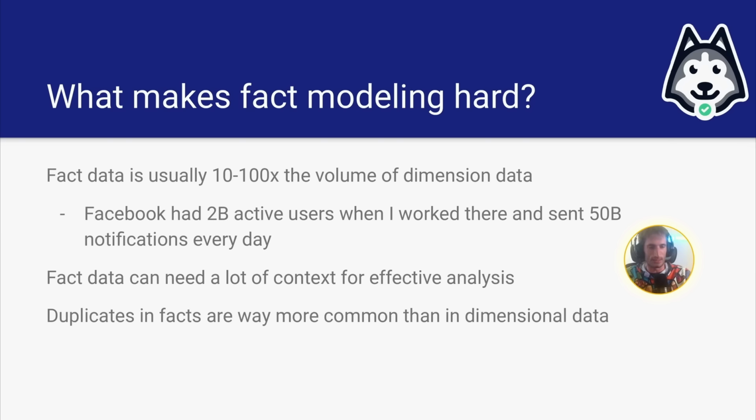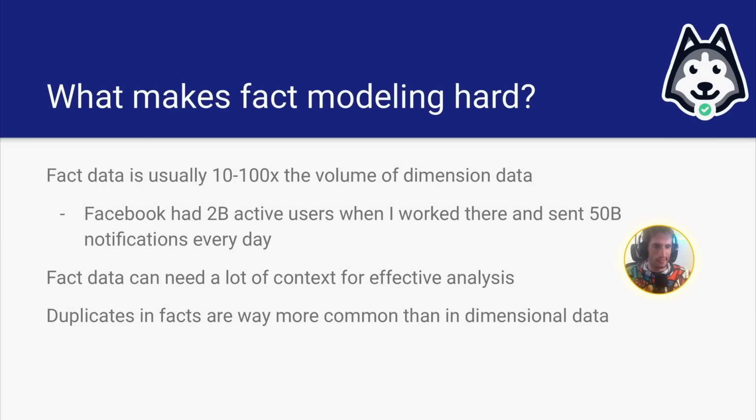Instead of having one row of data for you as a person, you have 10,000 rows of data, one for every step you took. So there's a lot more data, and it will scale way more. That's an extreme example; the more general rule is there's going to be between 10 and 100x the data that you would see compared to your dimensions.